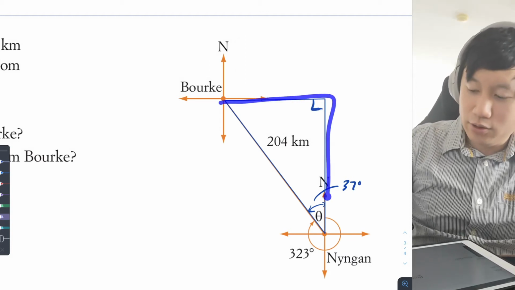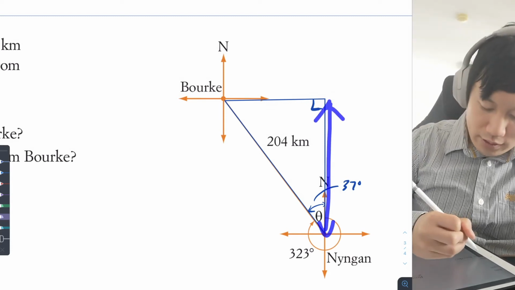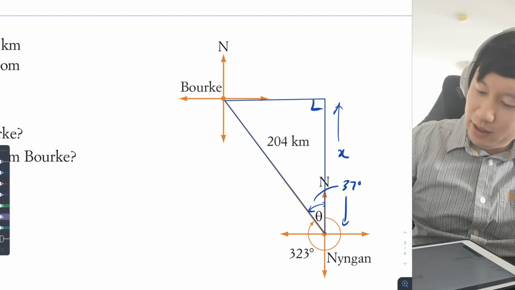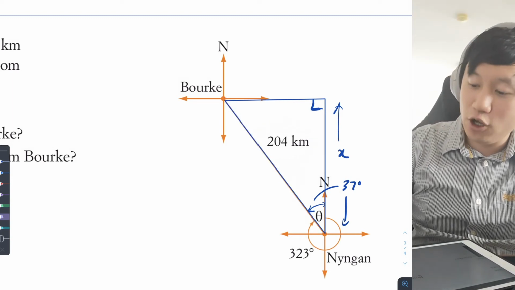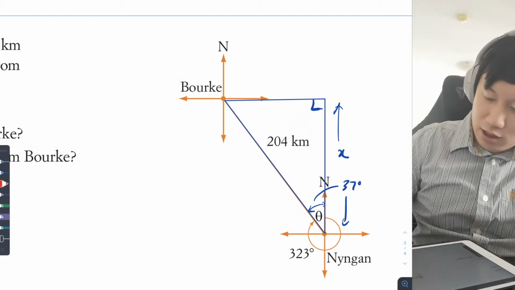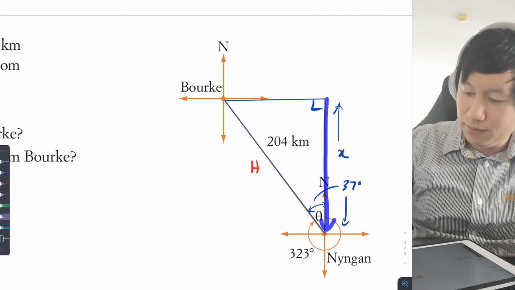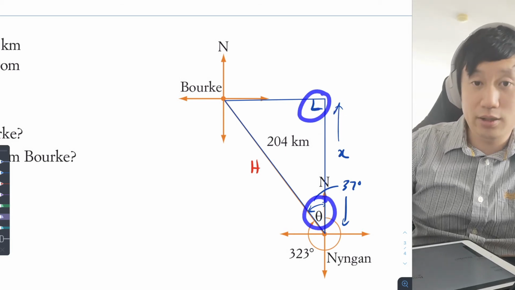This is indeed a right angle triangle. And now I have to find out what this distance is. So I'll call that x maybe. Now, I've got 204 kilometers here, and that is the side that is opposite the 90 degrees. That is our hypotenuse. Whereas the adjacent side here is right next to both 37 degrees and 90 degrees.